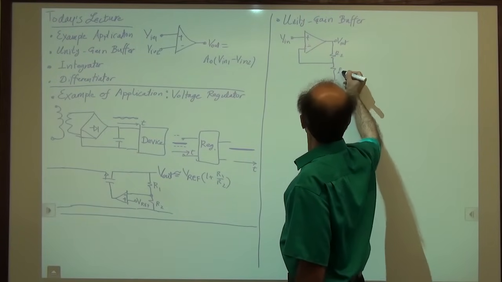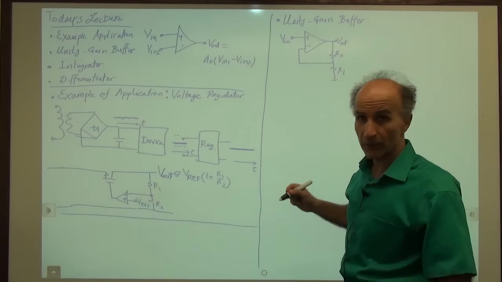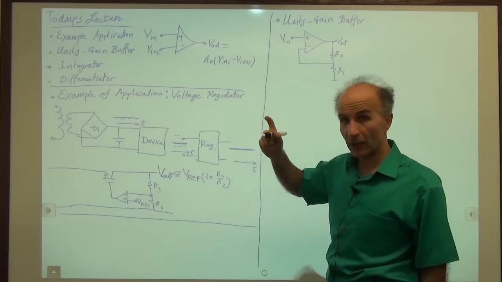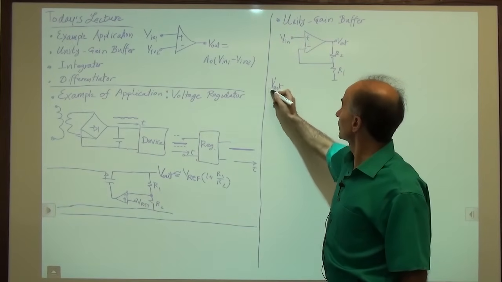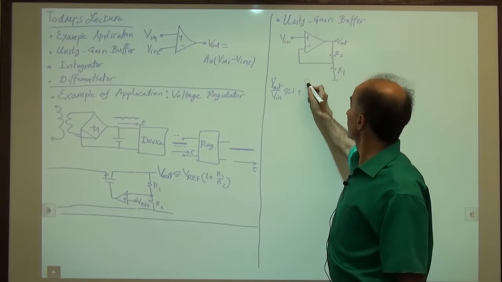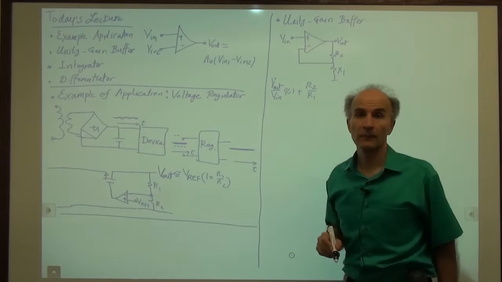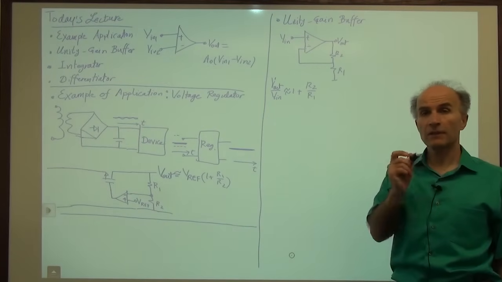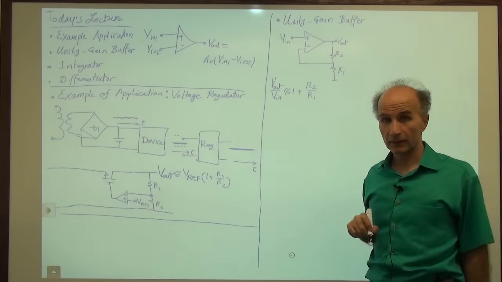R2 and R1. So we said that the gain of the circuit, the closed loop gain of the circuit, if the gain of the op-amp is very high, is equal to Vout over Vin, approximately equal to 1 plus R2 over R1. Okay, now let's consider a special case where R2 over R1 is very small.